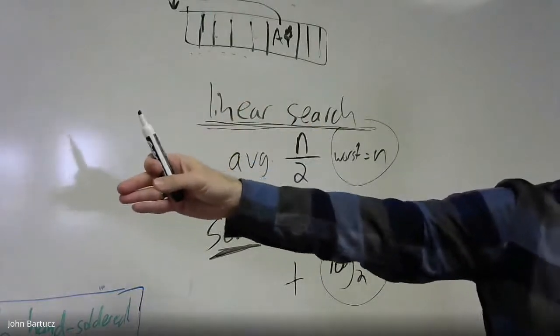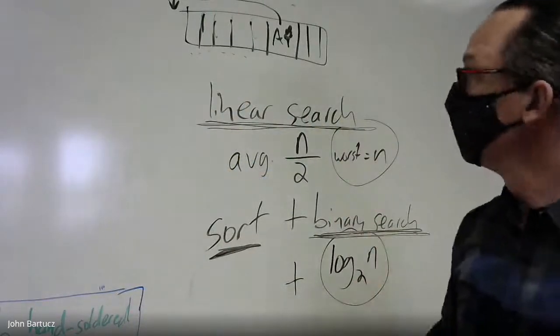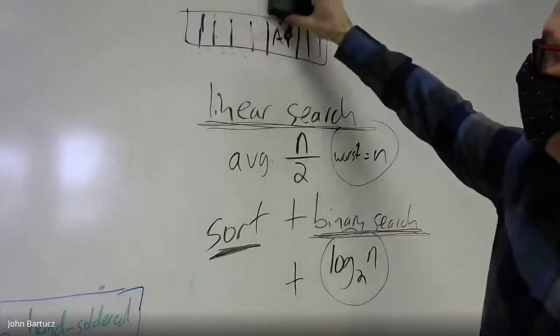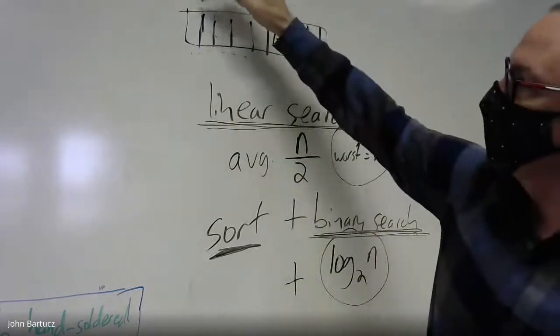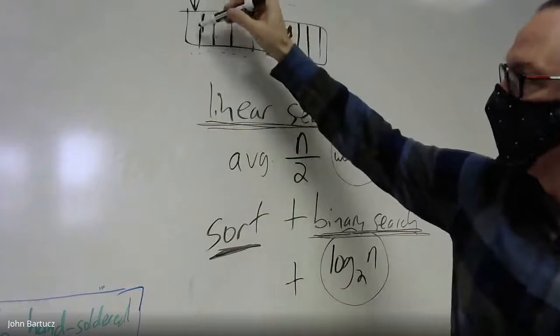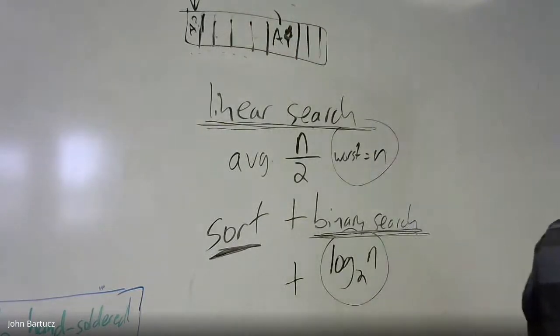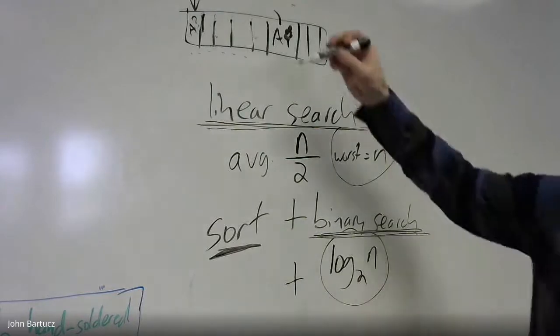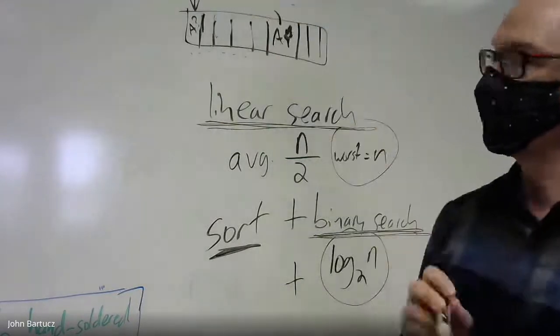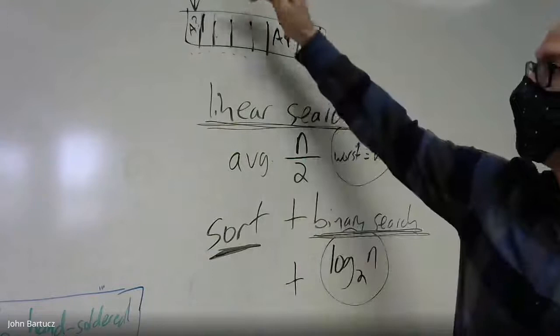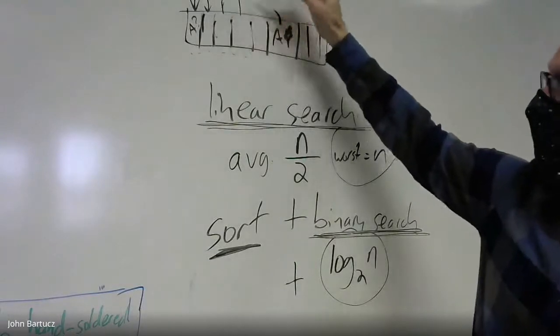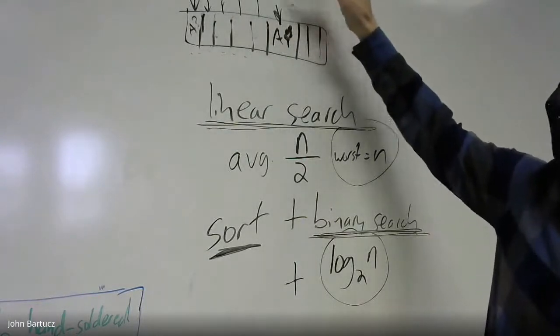new array. So instead, what I do is I start with this card right here and I look at that card and I say, is it the ace of clubs? That's position 0. It's not the ace of clubs. Is this one? Is this one? Is this one? Oh, look, there's the ace of clubs.